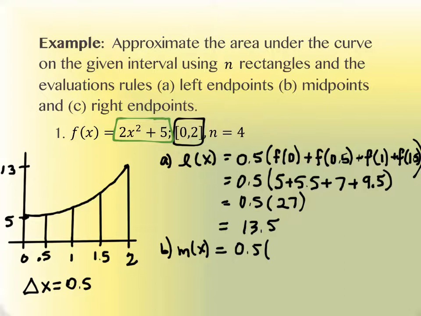No. And they're not hard to find because these are actually pretty friendly values. What would be the first midpoint? 0.25. And the second one? 0.75. And then 1.25, and then 1.75. And I hope you're thinking about money because that's what I'm thinking about when I'm doing it. Coins and things like that.